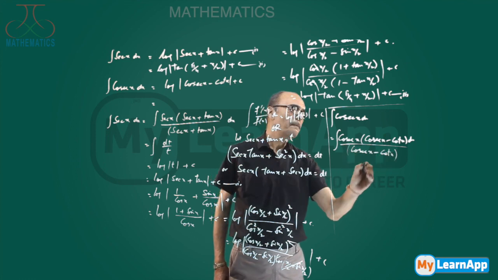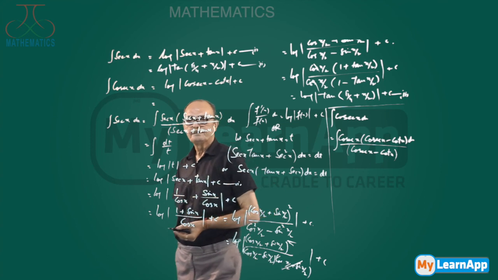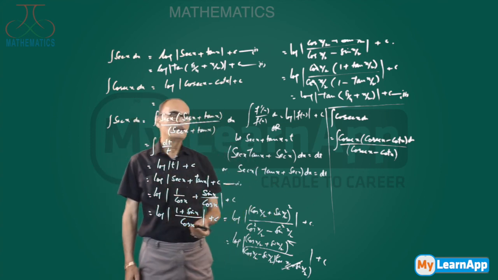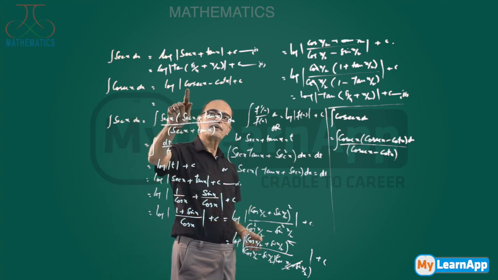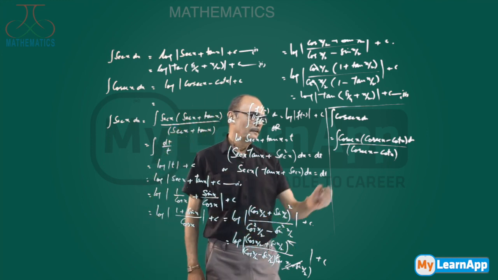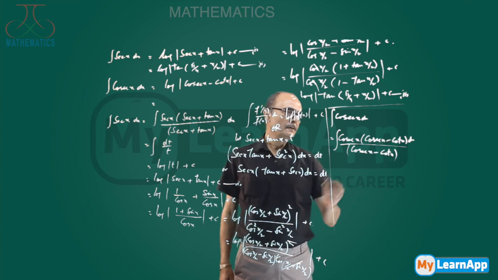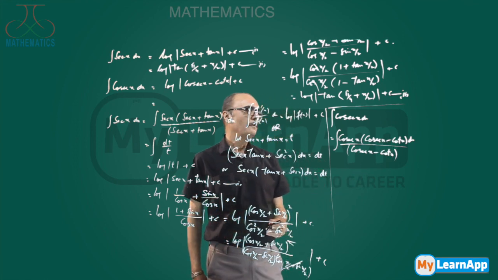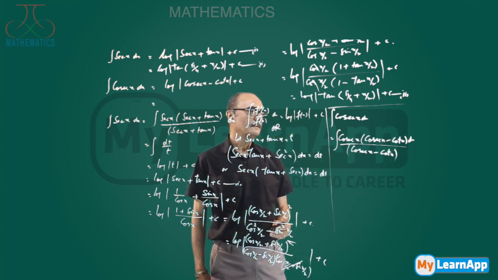This step you shall have to remember. The hint is that you multiply cosec x minus cot x in the numerator and denominator. This factor will cancel out and you are left with cosec x dx.